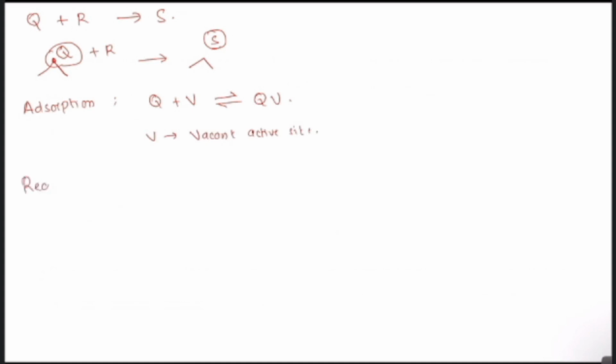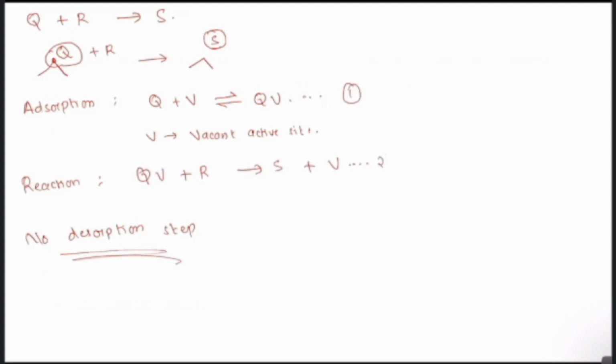Then the reaction step will be QV plus R giving S plus V. Since the product is already in a desorbed state, there is no desorption step. So there are only two steps here. Step number 1, which is the adsorption step, and step number 2, which is the reaction step.